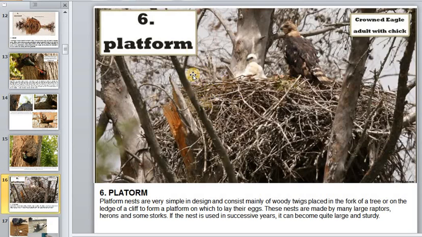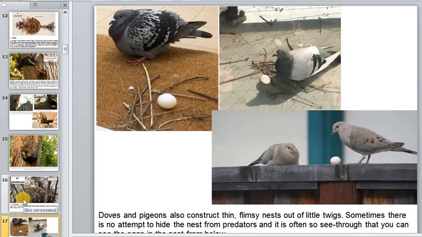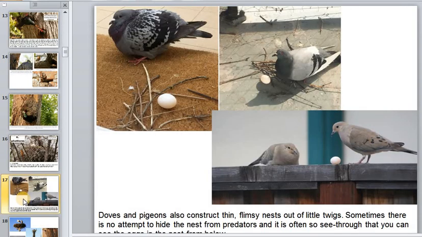To build a new generation of this nest, but here we see that some birds do it very simply, like doves and pigeons, which also construct this kind of platform nest. That's very funny. Sometimes there is no attempt to hide the nest from predators, and it is often easy to see through.